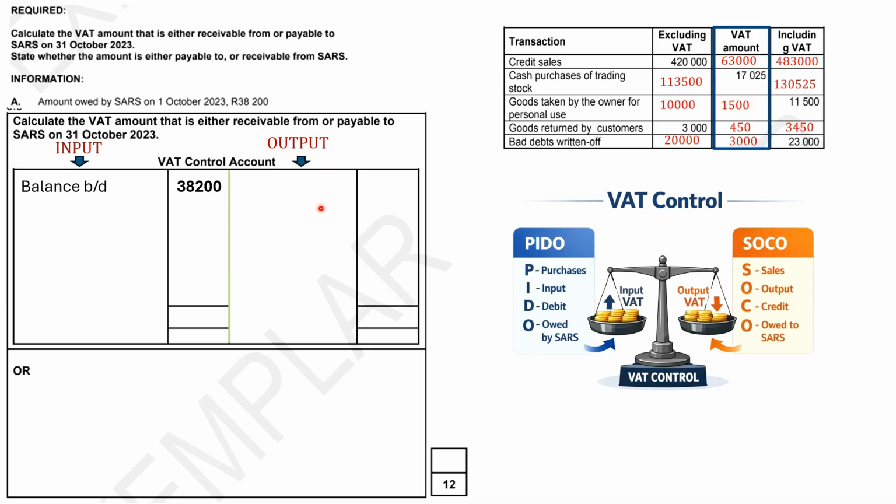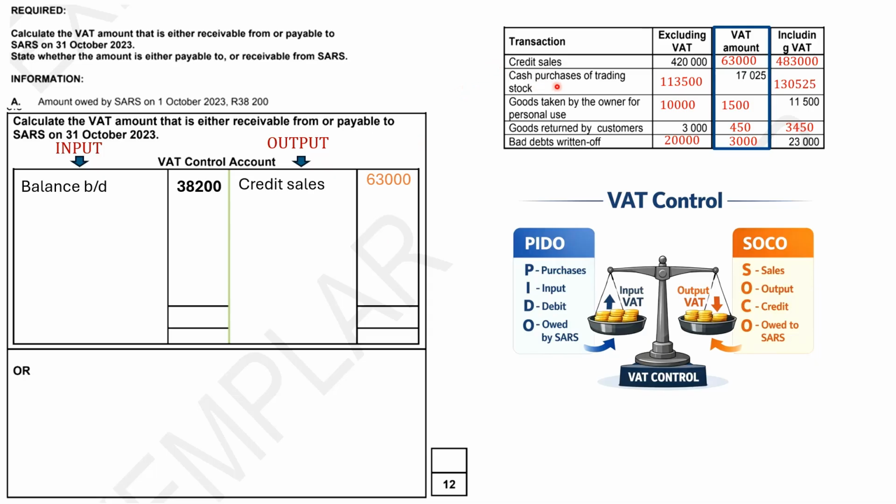So it's going to be output. We're going to say credit sales, and we're going to say 63,000. The details don't really matter here, but what matters most is the amounts. You have to get your amounts correct and on the correct side. Then the next transaction we have here is cash purchases of trading stock.